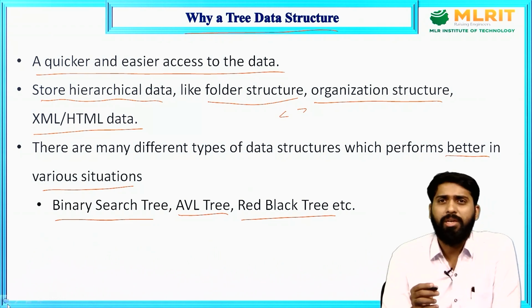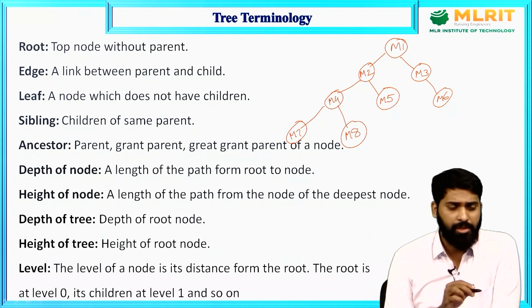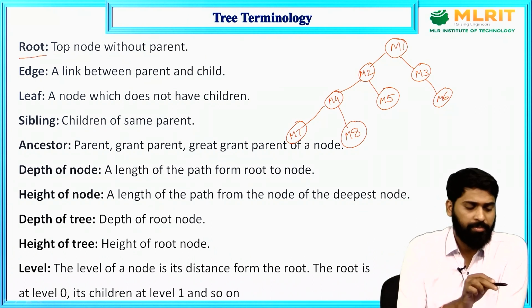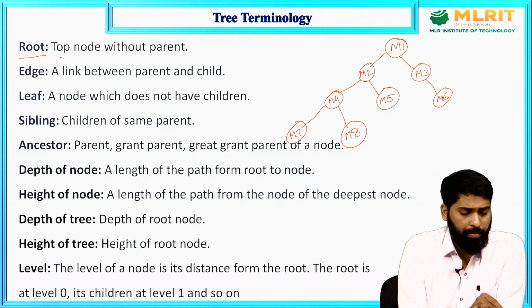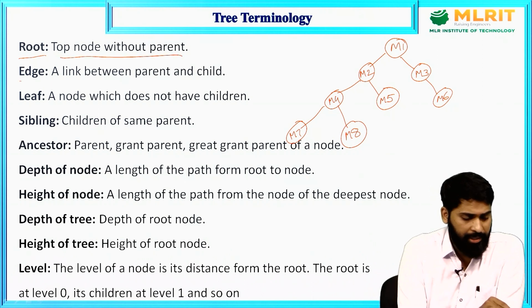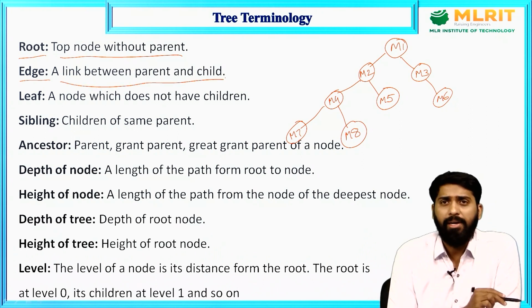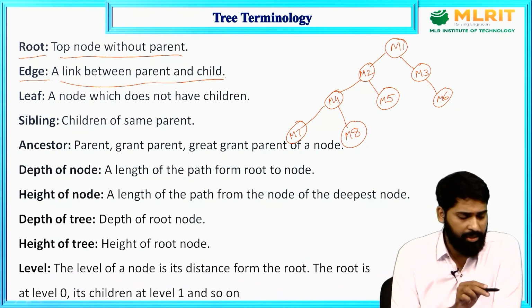So what is a tree? A tree is a nonlinear data structure, used to organize the data in a hierarchical manner. So tree terminology. Root. So what is root? Top node without parent we call as a root. Edge. So what is an edge? A link between parent and child we call as an edge.